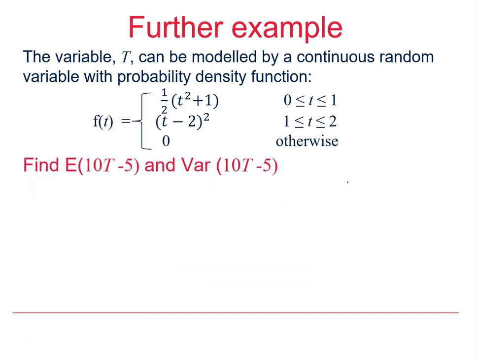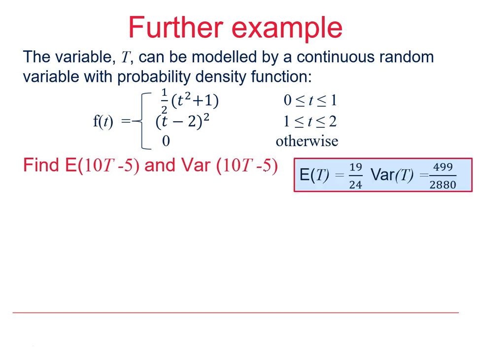So now we need to find the expectation and the variance of 10t minus 5. So we now have our linear function of t, and just recall this was the mean and the variance we found. So to find the expectation of 10t minus 5, that would be 10 multiplied by the expectation of t, minus 5, and that you should find comes to 35 over 12.